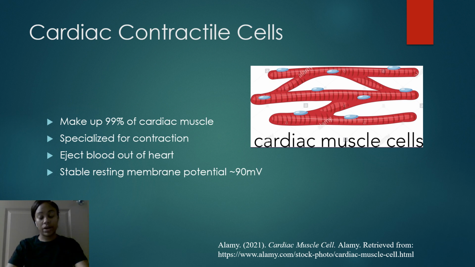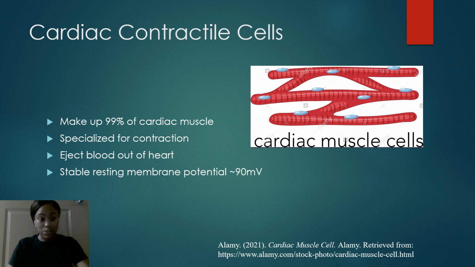So, just a little background on the cardiac contractile cells. They make up approximately 99% of the myocardium, which is just the muscle cells. They are specialized for contraction, so basically the mechanical work of the heart.